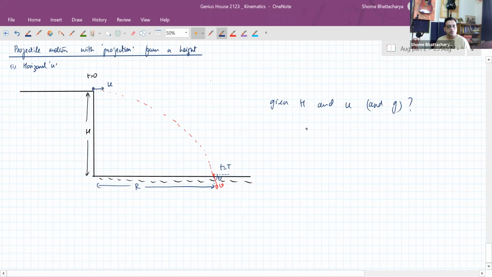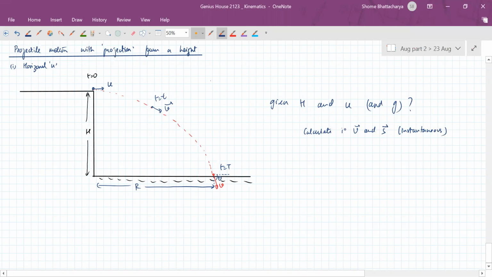First of all, we can calculate at any arbitrary time the velocity and the displacement and all that, the instantaneous values of these. So where is theta?